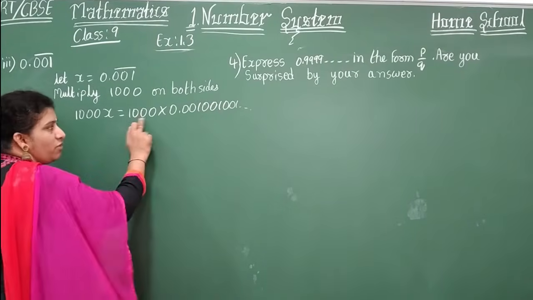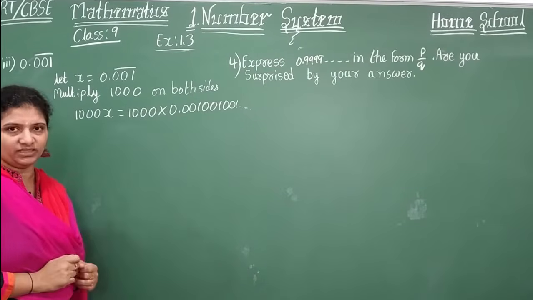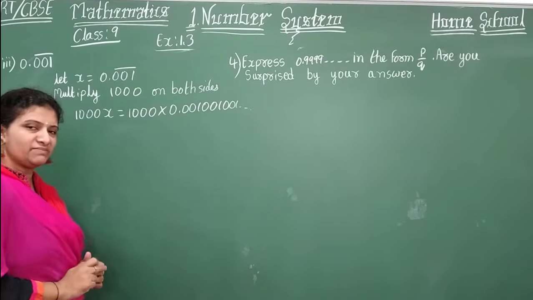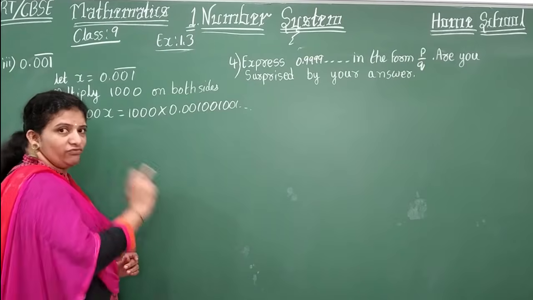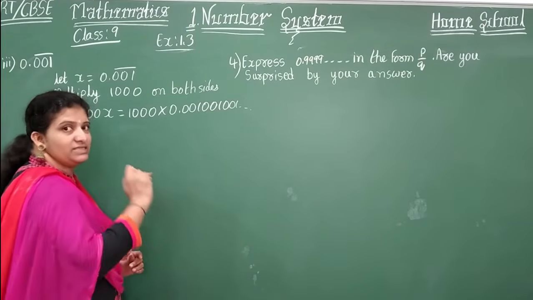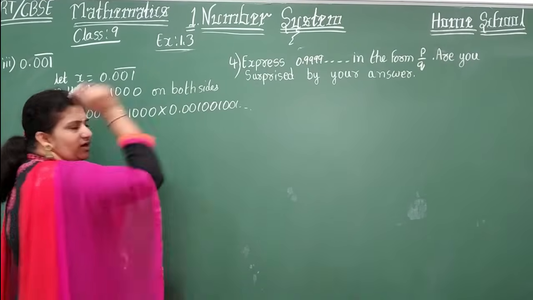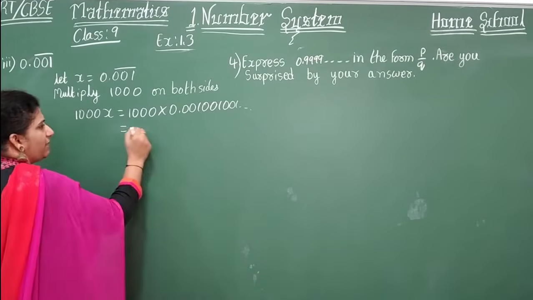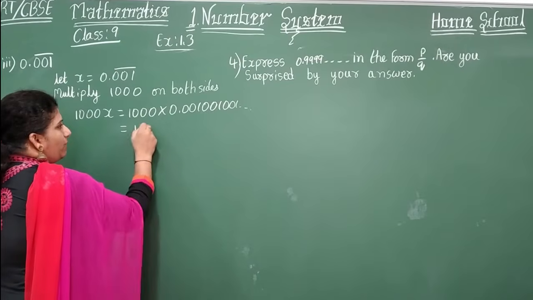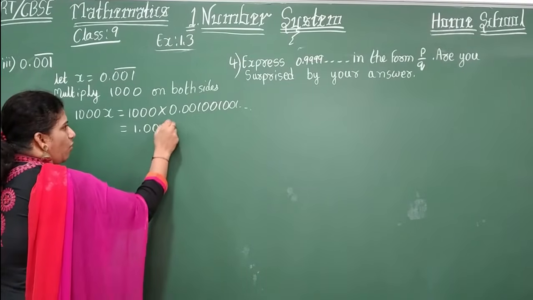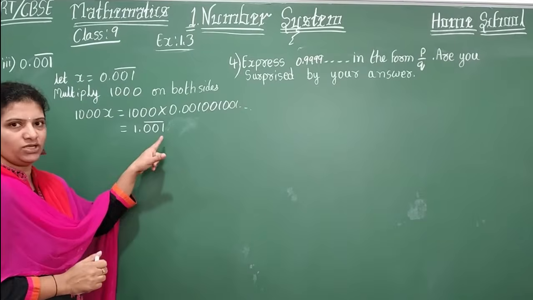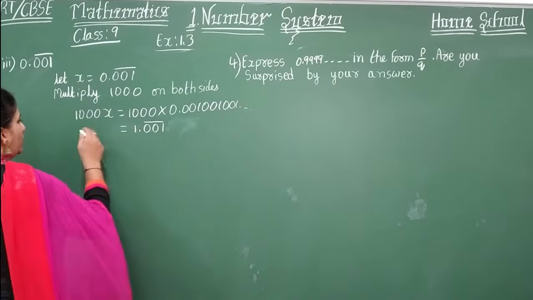So now if you multiply 1000 for this, what happened to your decimal point? It will be shifted to 3 digits afterwards. So this point will be shifted to here. That makes, what happens here children? 1.001 bar.